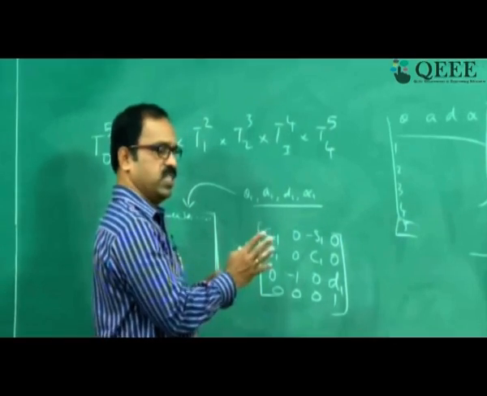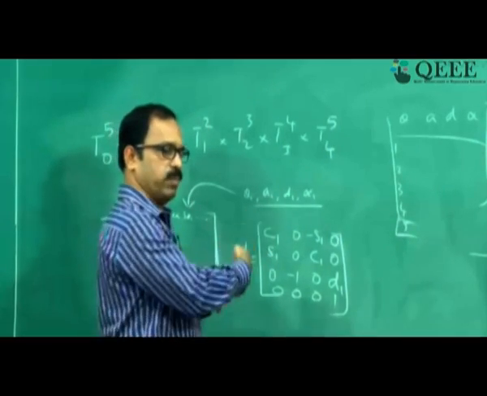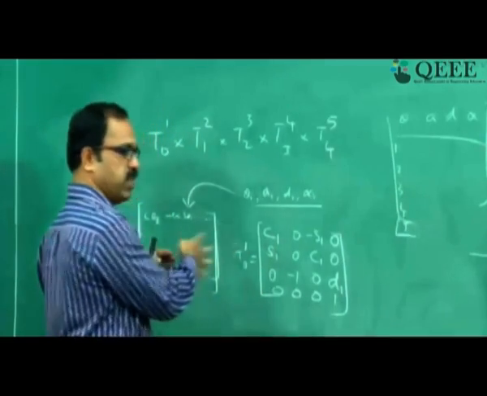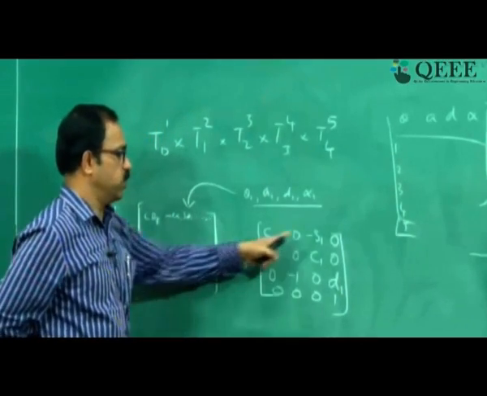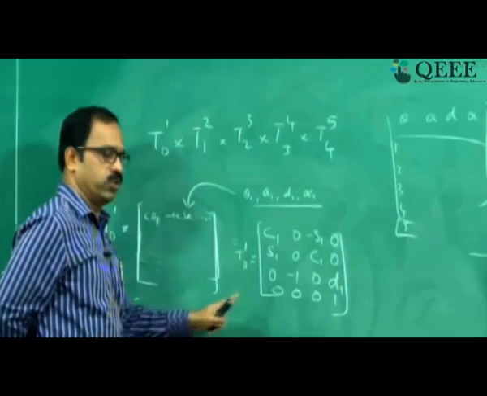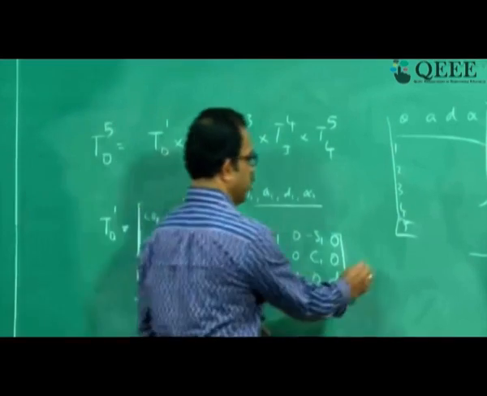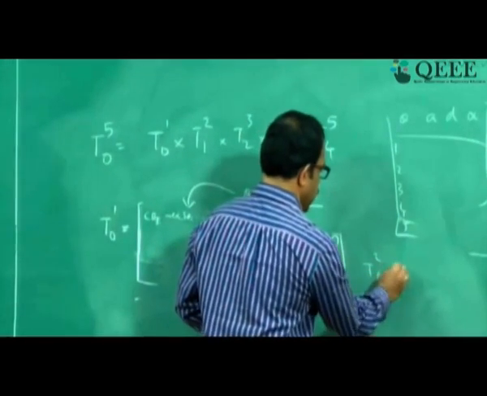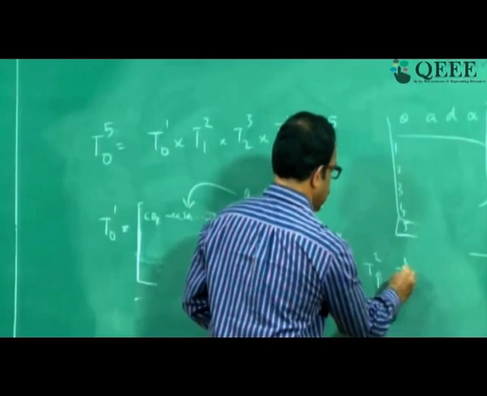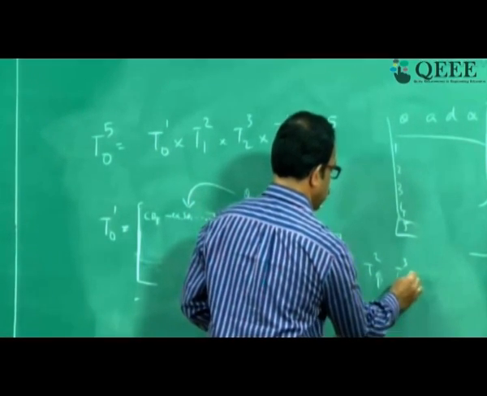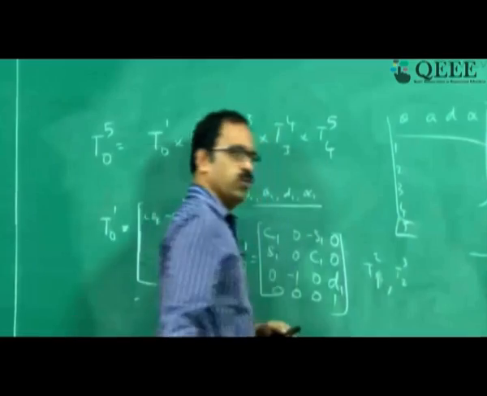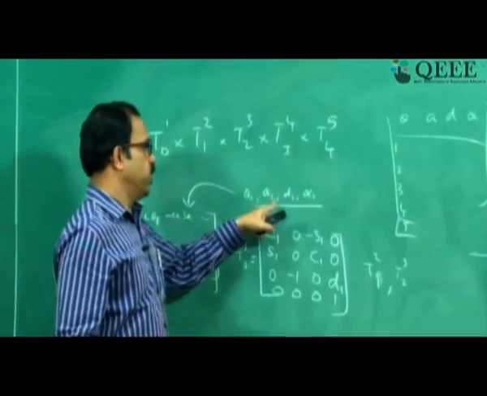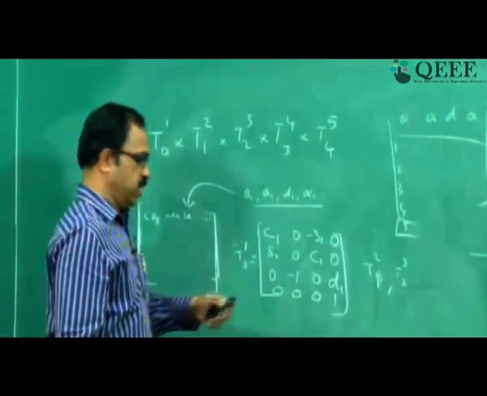As theta 1 changes, the x-axis keeps changing, moving out of the plane or coming inside the plane. That is T1 to 0. In the same way you can get T2 to 1 and T3 to 2, by substituting theta 2, a2, d2 and alpha 2. So it will be like this.